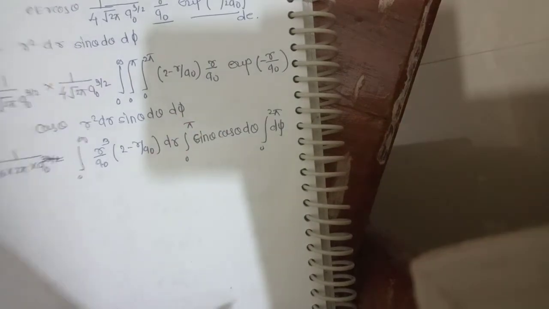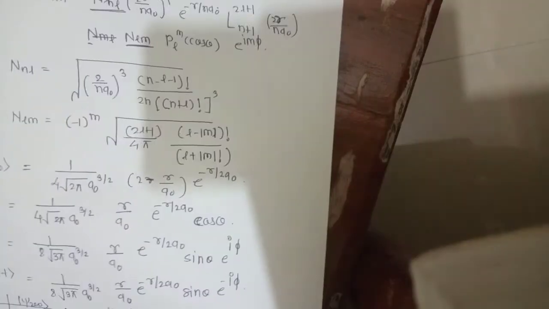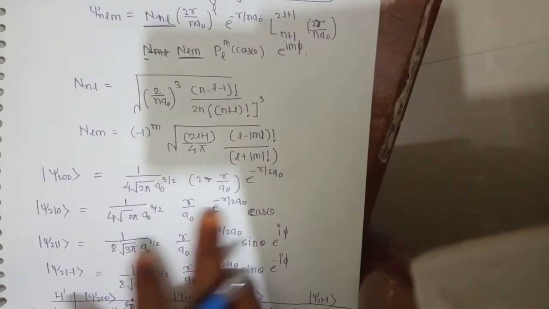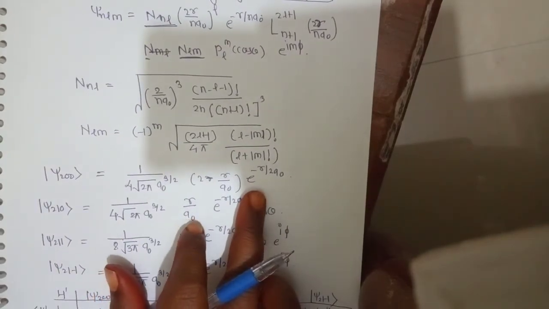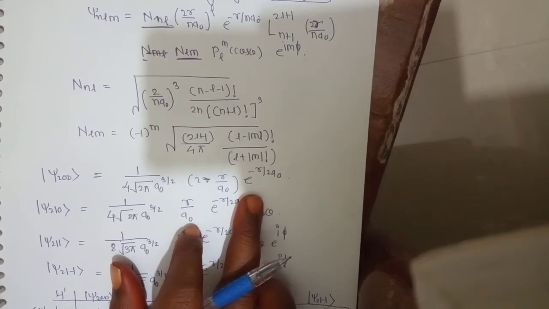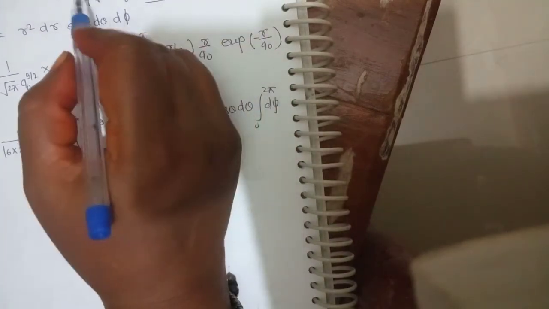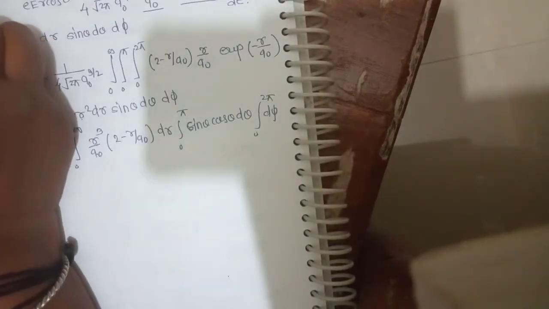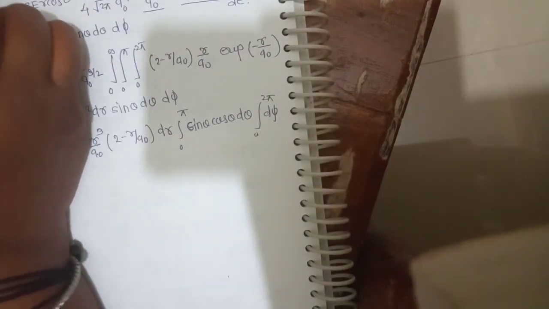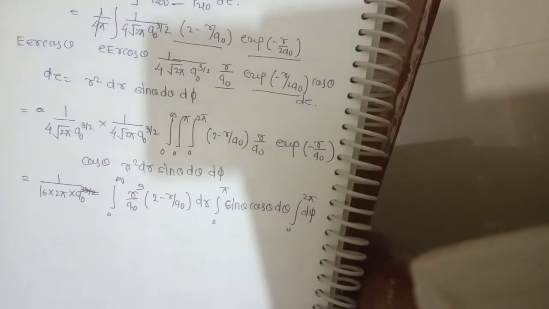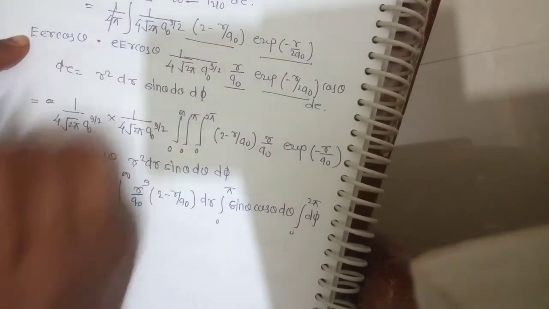I think I have made one mistake here. Firstly, psi 200, where is H prime? We have to write H prime, no? H prime is e r cos theta. So it is a multiplication.